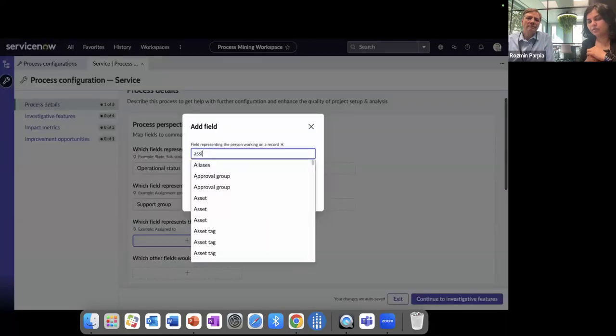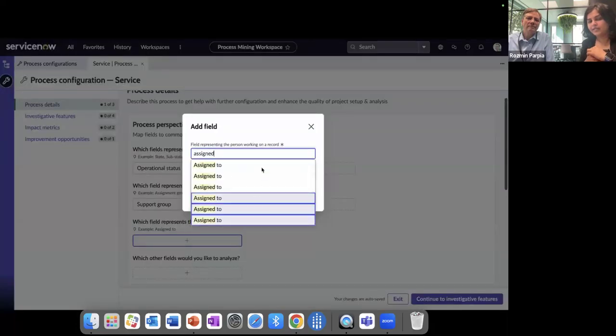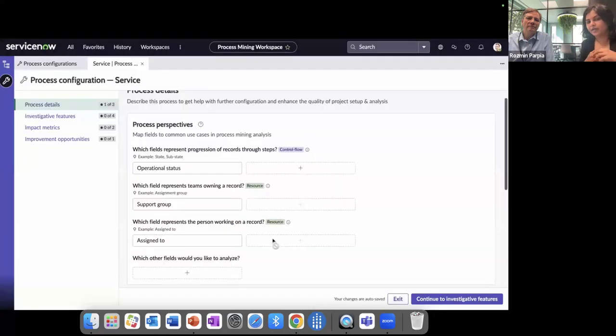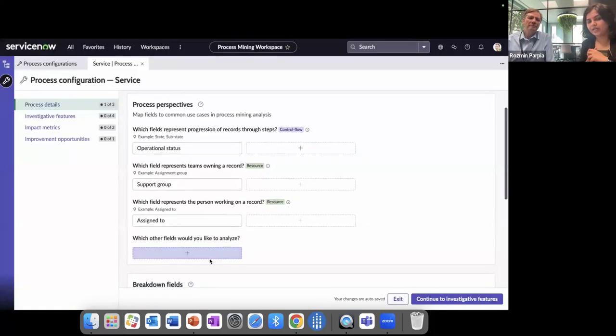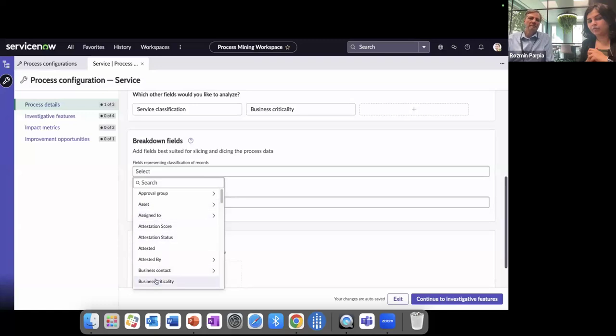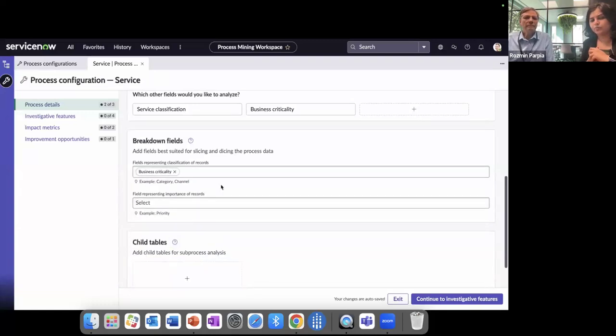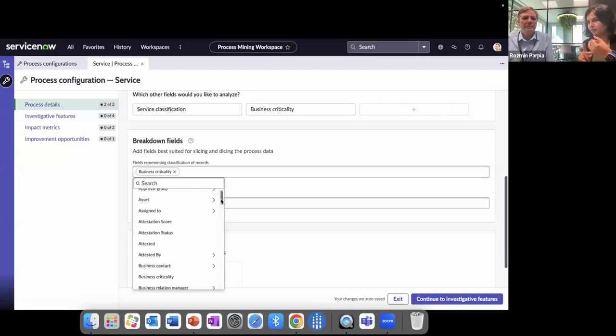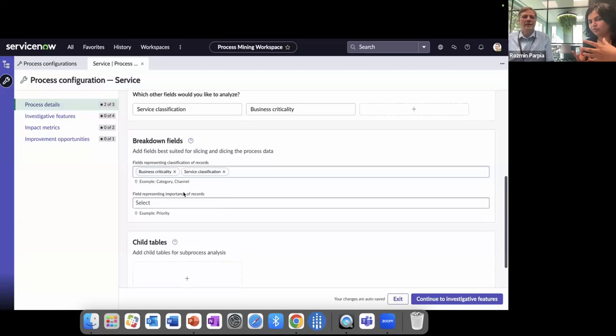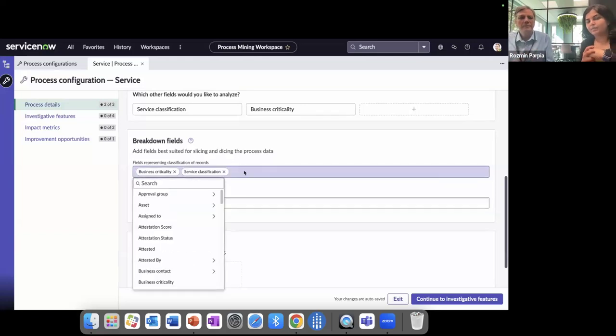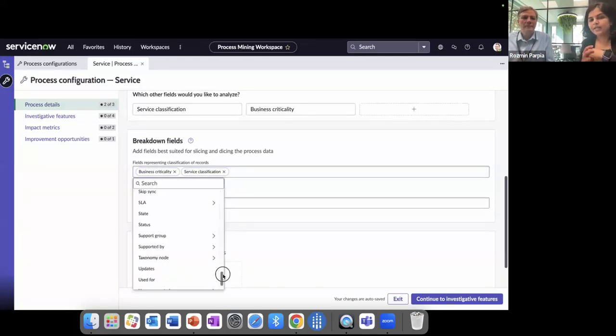But for today, we'll keep it quick and easy. Then you put assign to if you want to define which group will be working on a record. And lastly, for breakdowns, the famous ones are business criticality of a service, then service classification, which tells you which type of service it is, and the support group, which is a good breakdown that people would want to mine data on.